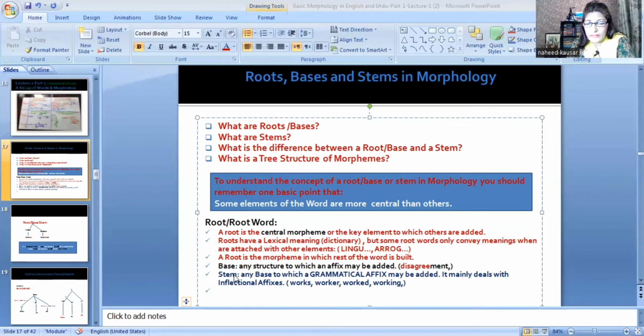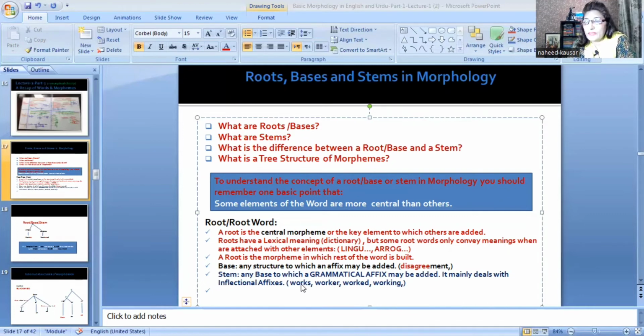While if we consider the stems, the difference is that the stem also is a kind of root or a kind of base, but here only the grammatical affixation is attached to the structures, right? It mainly deals with the inflectional affixes, like the examples I have written in the bracket: works, worker, worked, and working. In all these four examples, you can see that the inflectional morphemes are attached to the root words, right?